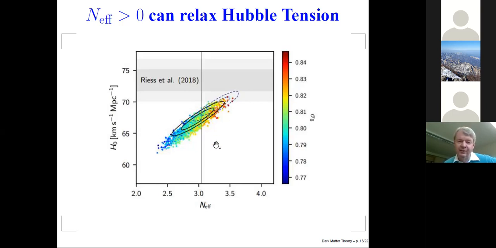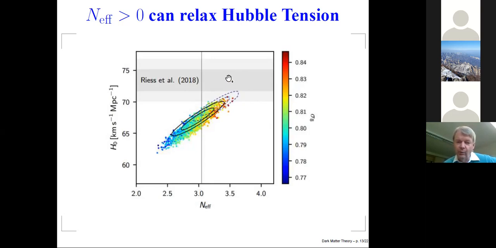On the other hand, as this plot also shows, when you assume larger values of N effective, then the CMB, through this complicated fitting of everything, actually prefers somewhat larger values of the Hubble parameter, thereby relaxing the constraint a bit.